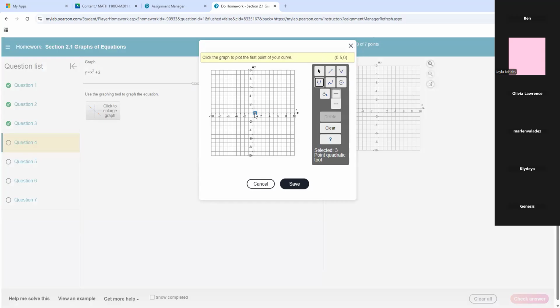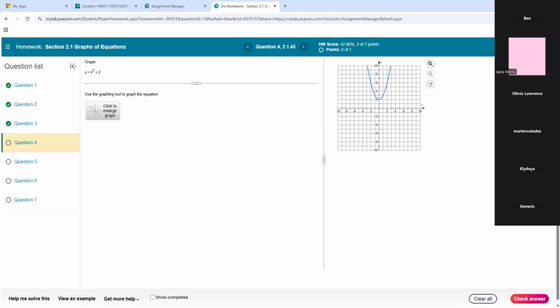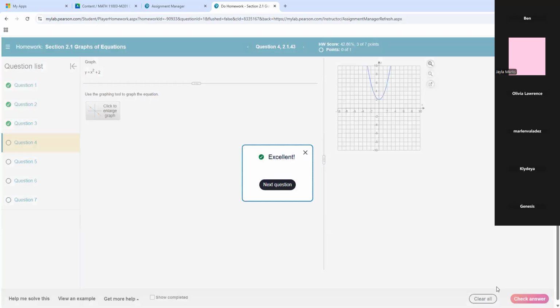And then I'll do my left to -1 up to 3. I had 0, 2, so at 0, go up 2. And then I had a 1, 3, so go right to 1, up 3. So I got my 3 points. You save that, and then check answer.